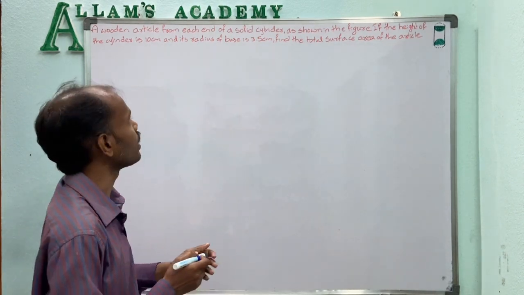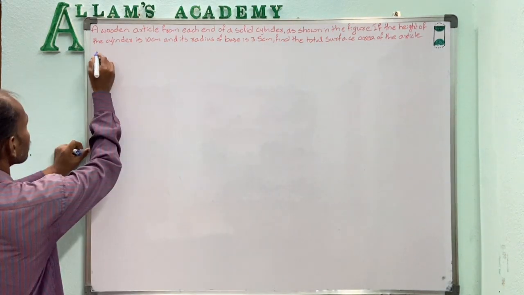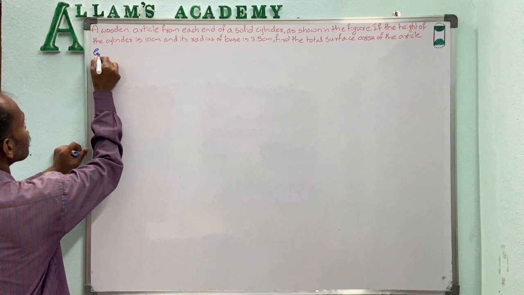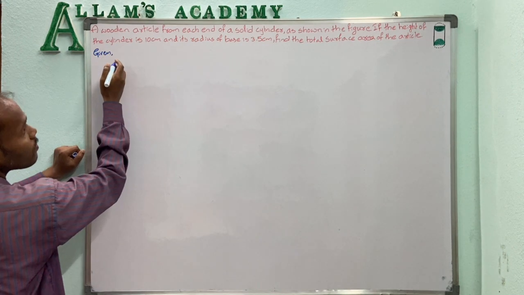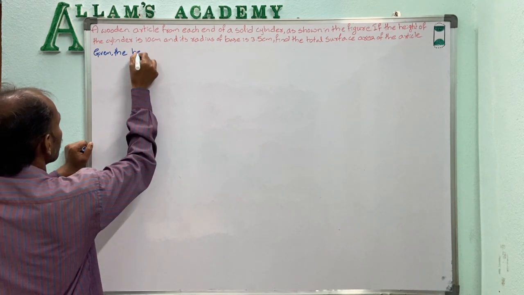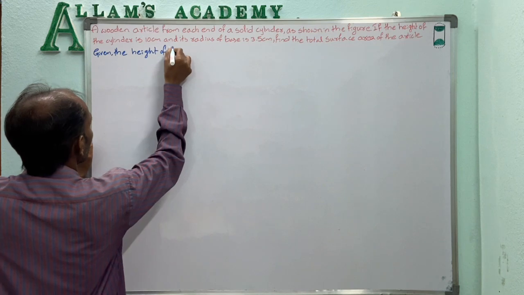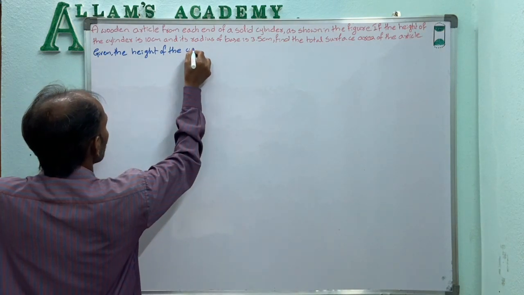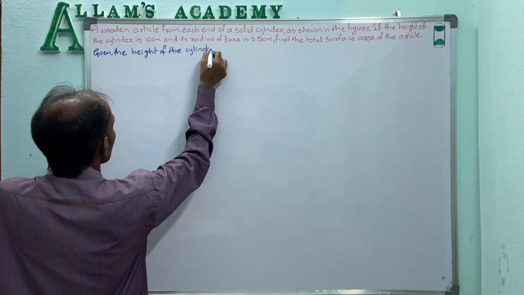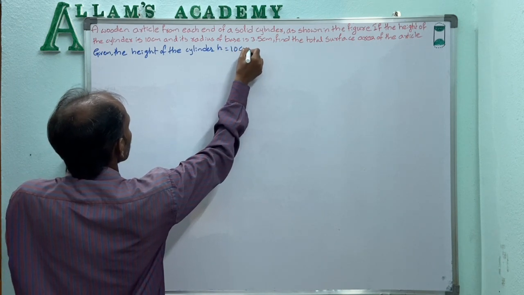For that, first writing the given information: height of the cylinder, h equal to 10 centimeters.